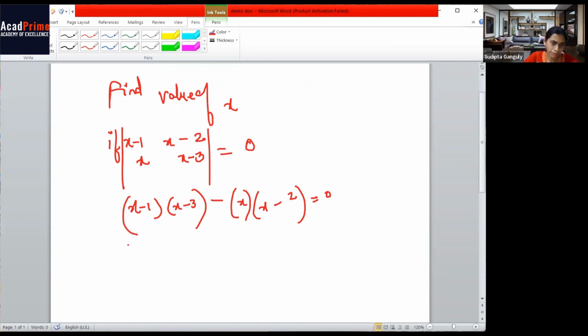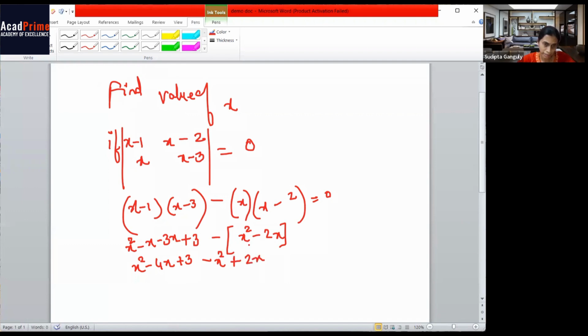If you multiply, it is x square, then minus x, then minus 3x, and then 3. Here the minus sign is outside, x square minus 2x. So it will be x square minus 4x plus 3, and then open the bracket, plus again minus x square plus 2x.